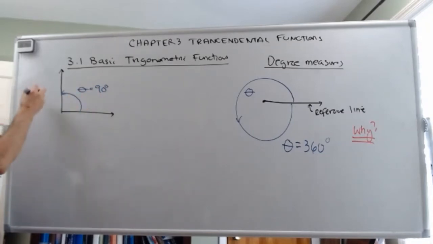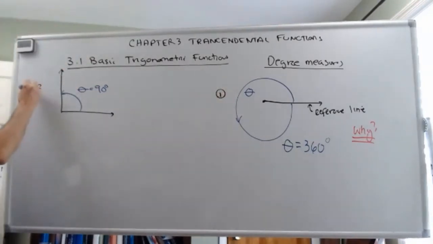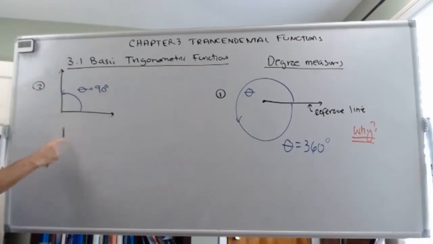Some common angles, if you will. There's the first one, 360, 90, and you can do any fraction of that. For example, I could come over here and do halfway between my 0 degrees and 90 degrees orientation.